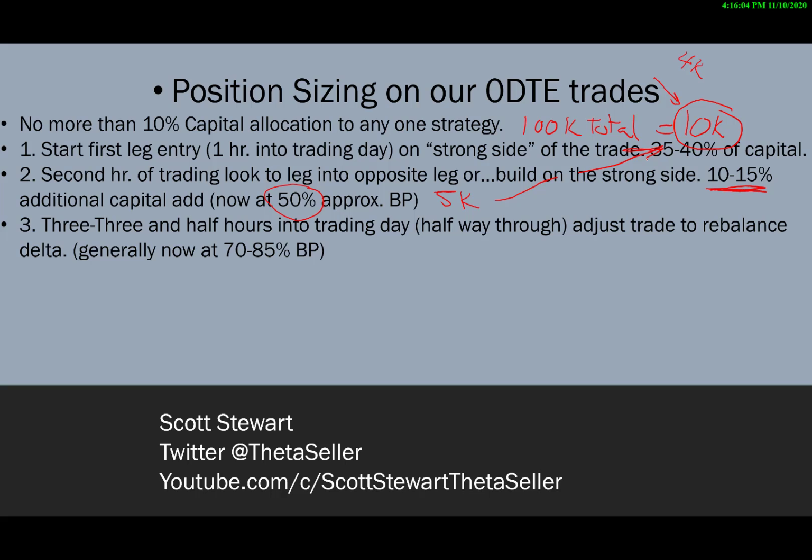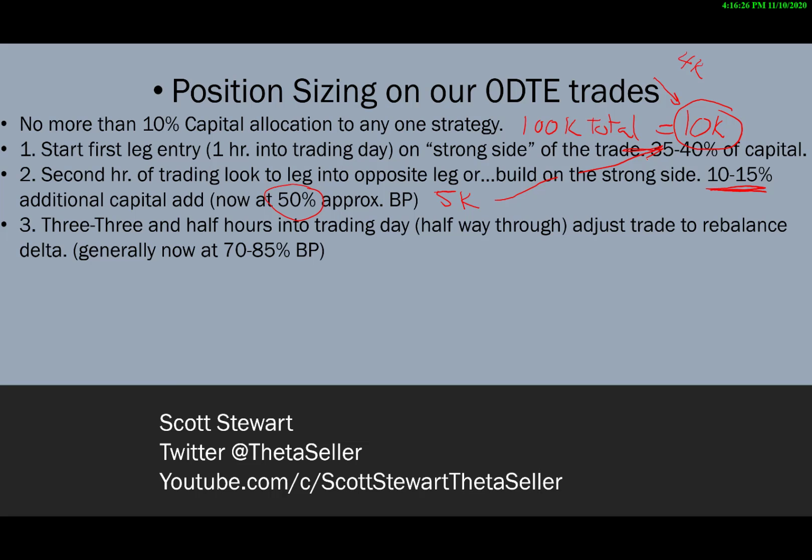Now, about 3 to 3.5 hours into the trading day, so basically halfway through the day, there is a high likelihood that we're going to need to adjust, or should I say readjust, our trade in order to rebalance the delta.